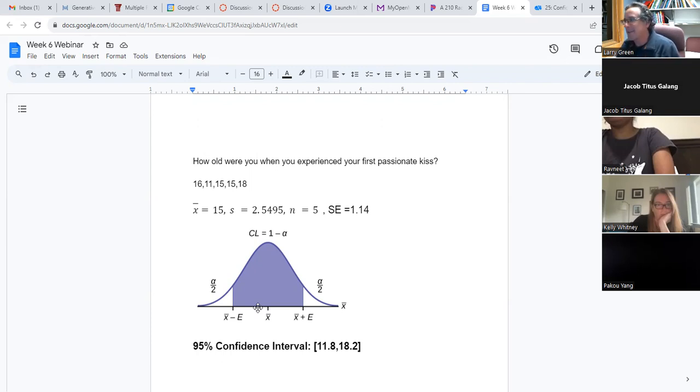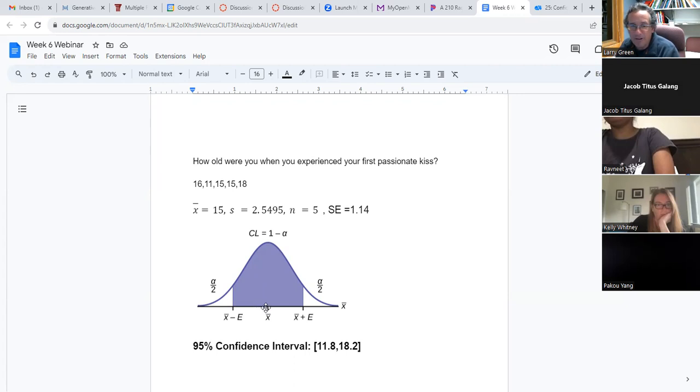So it's really a give and take. If you want to make the confidence level like 99% or really high, you have to have a wider margin of error, which means you have a less meaningful interval. On the other hand, if you're willing to have a 90% confidence level, then you get a narrower margin of error.